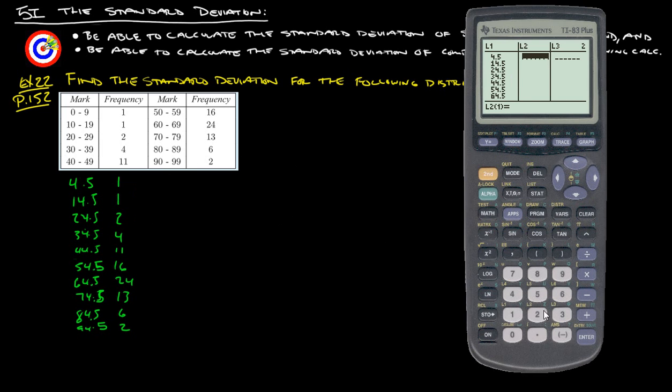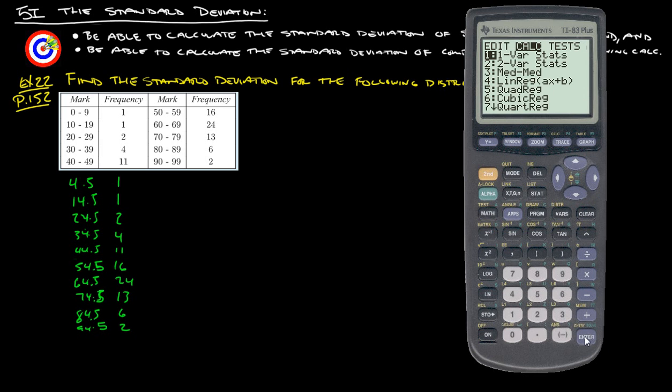So there's all of this column here, and then we just have to enter in our frequency in the next column. So 1, 1, 2, 4, 11, 16, 24, 13, 6, and 2.